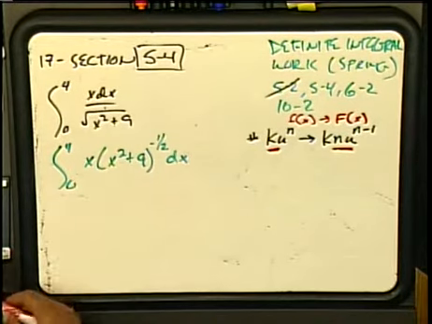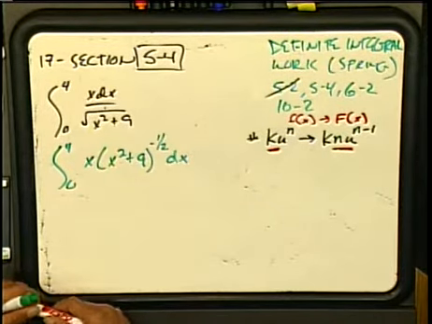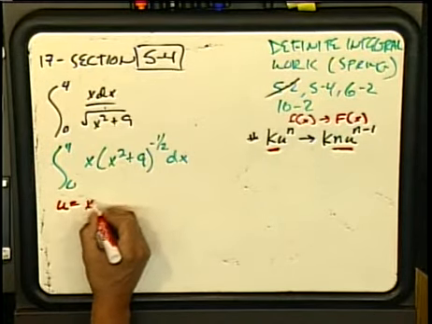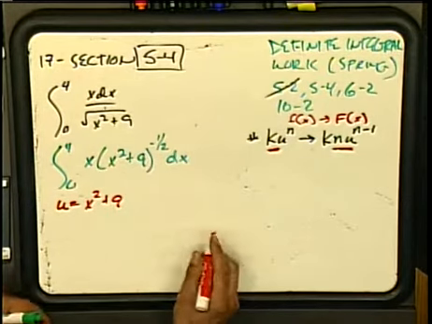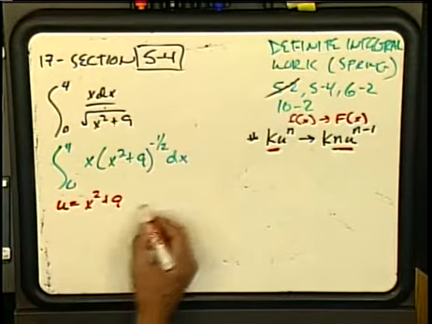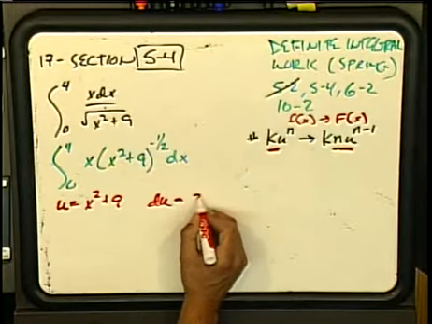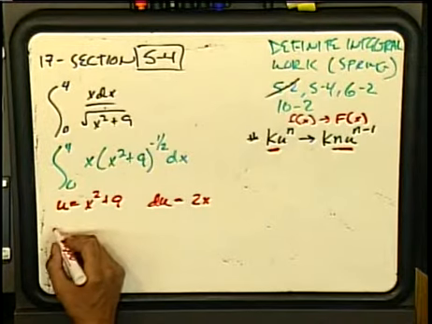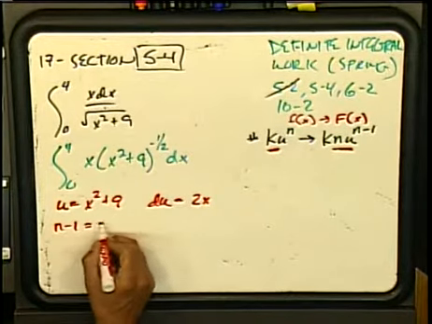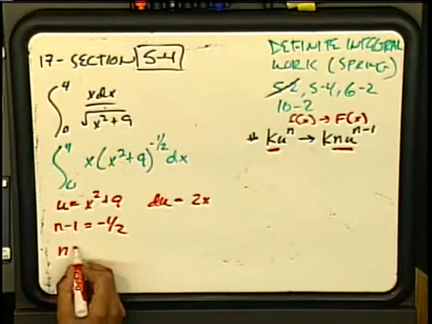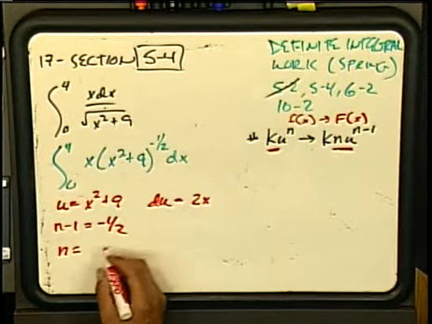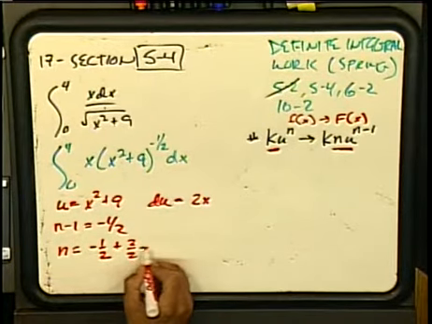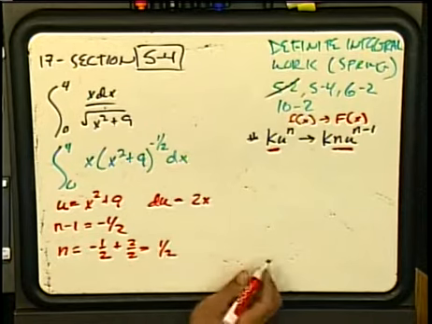So we rewrote it. Then we list what we've got. Let u equal x squared plus 9. du equals 2x. They give you n minus 1 equals negative 1/2. That means n equals negative 1/2 plus 1, which is 1/2.